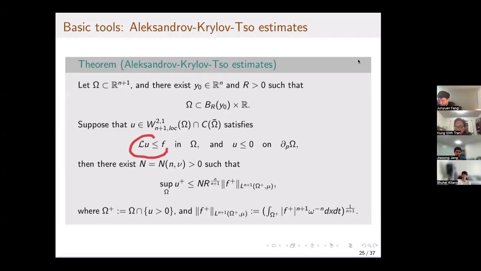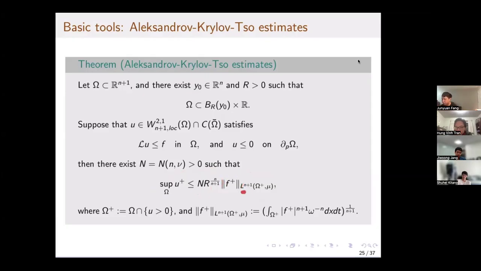If omega is some domain in R^{n+1} in this vertical cylinder, and U is a subsolution, and if U on the parabolic boundary is less than 0, then the supremum of U is bounded by this term: n times R to the m over n+1 times the L^{n+1} norm of F positive.